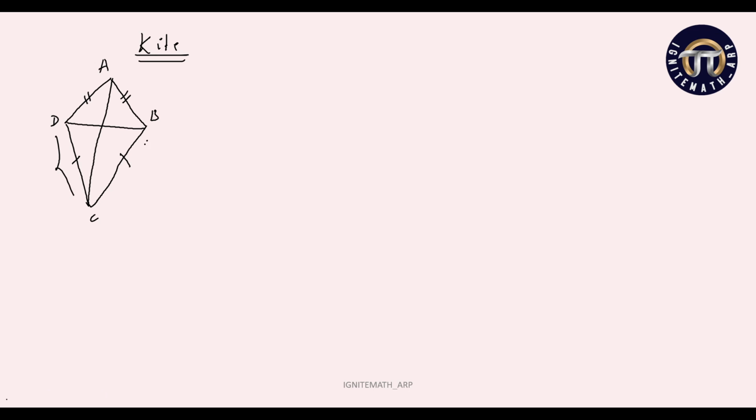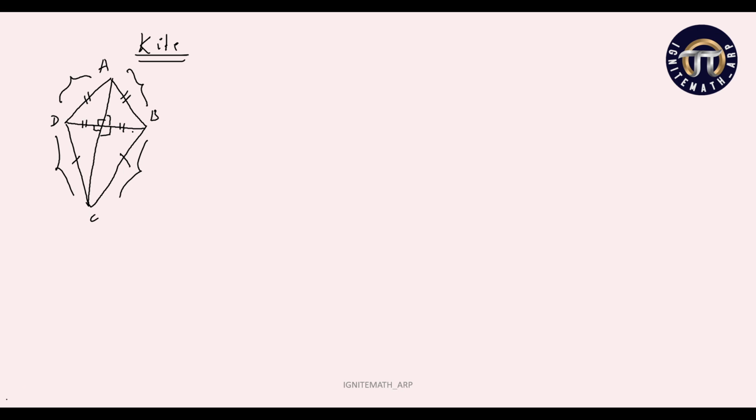So DC is equal to BC, also AD is equal to AB, and diagonals are perpendicular to each other. But keep in mind, children, the longer diagonal bisects the shorter diagonal. They are not perpendicular bisectors of each other. These are the properties of a kite.